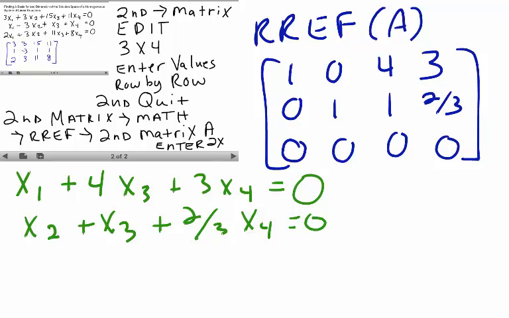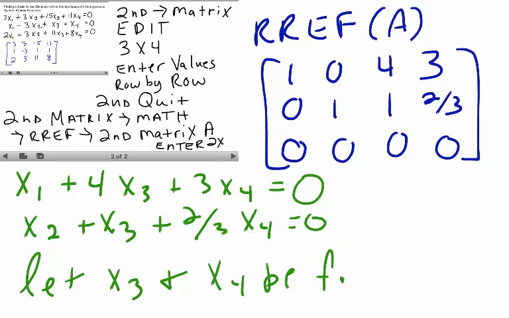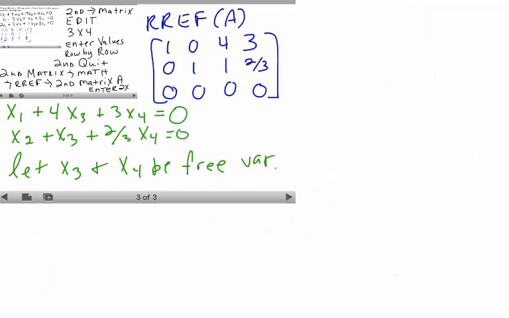Here we have to let x sub 3 and x sub 4 be free variables, and we'll call them s and t.